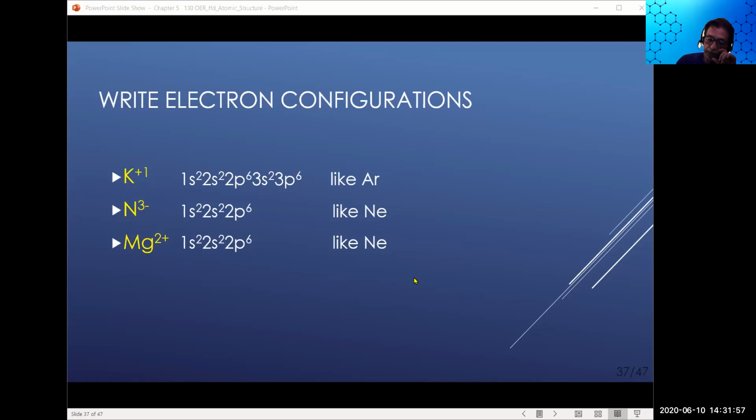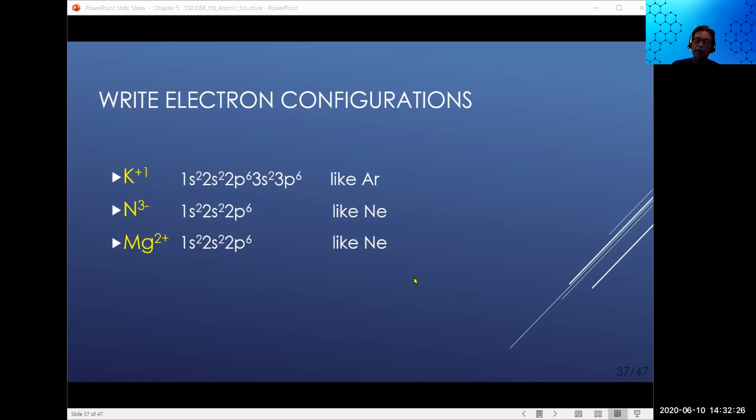Magnesium, same thing. Normally its electron configuration is 1s2, 2s2, 2p6, and then 3s2, 2 valence electrons. When it lost those 2, it becomes the ion, magnesium +2, and now its electron configuration is like the noble gas neon.